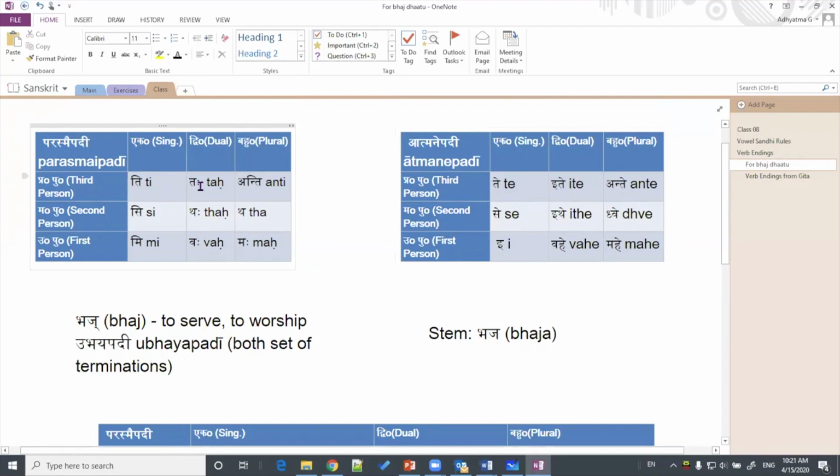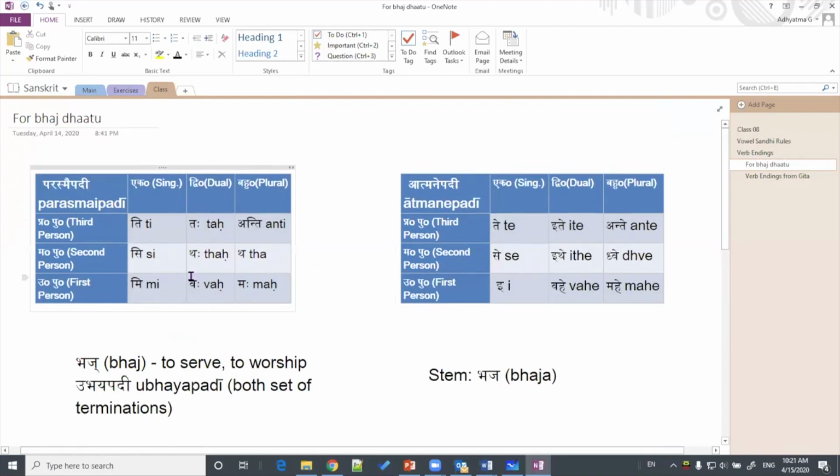And remember, these are only for present tense. For other tenses, which we have not studied yet, the endings would be different. Particularly for parasmaipadi, the exceptions are fewer than for atmanepadi. But you will find similar endings for all other stems.